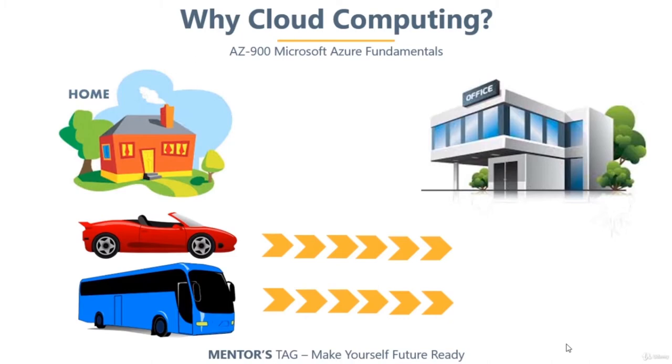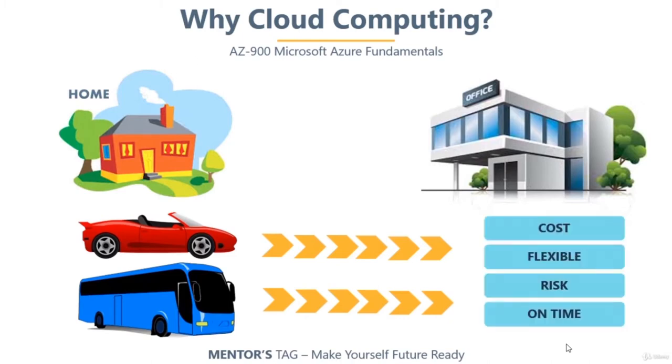But before you come to any conclusion, I want you to compare these two things with four factors. The first factor is cost. If I have my own vehicle, I need a huge investment in that vehicle. Also, I need a huge investment to maintain that vehicle and keep it running. Also, if you're driving your own car, you need to know driving, and you have some extra expenses like a driving license and other things.